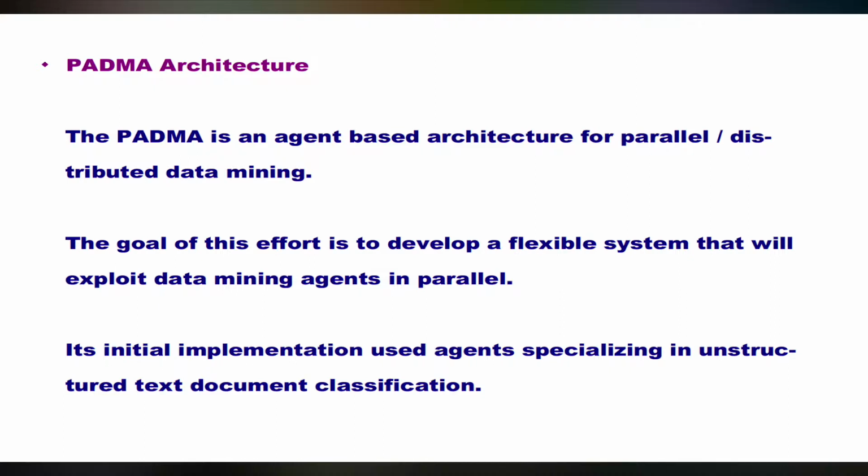And the goal of this effort is to develop a flexible system that will exploit the data mining agents in parallel. And hence its initial implementation uses agents that are specialized in unstructured text document classification. A Padma agent for dealing with numeric data is currently under development. And you need to know the main structural components of Padma to use it effectively.